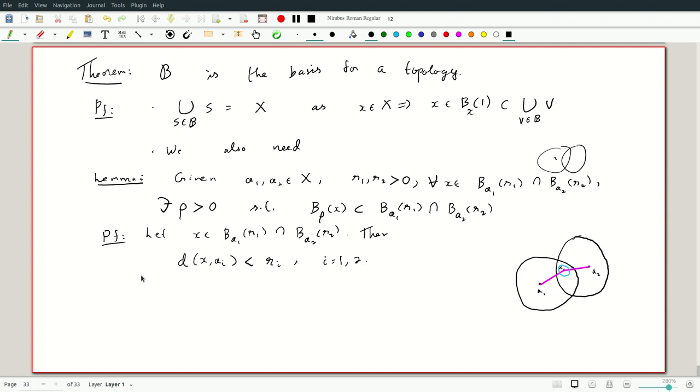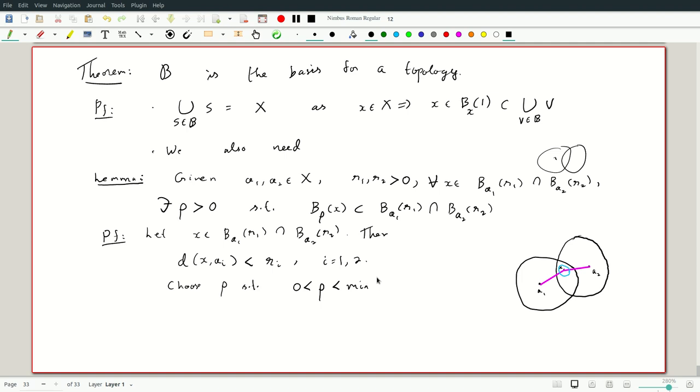Okay, and so let's choose rho such that 0 is less than rho and it's less than the smaller of these two quantities.